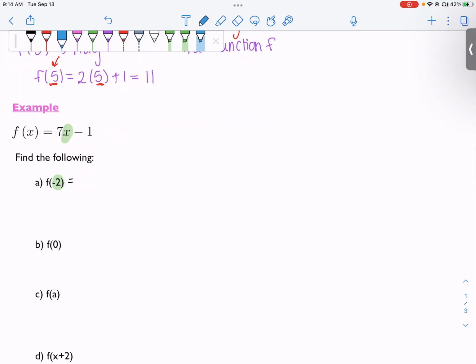This is telling us to plug in x equals -2. So we have 7 times -2 minus 1, from this function up here. That's -14 minus 1, which is -15. So f of -2 is -15.